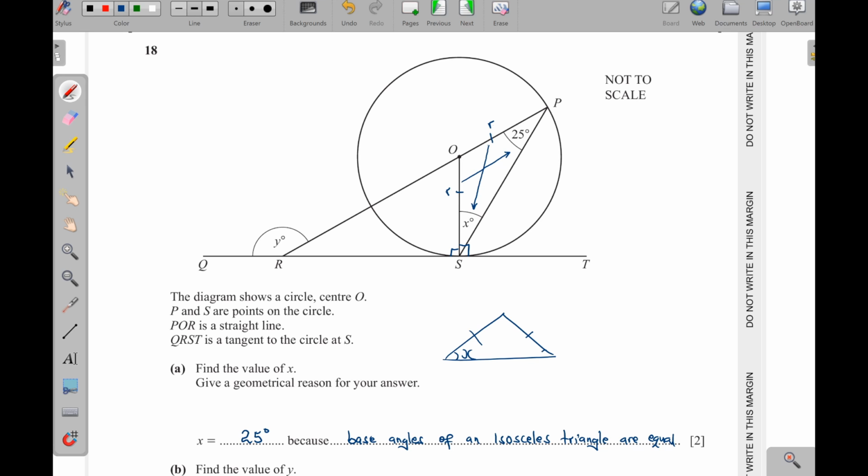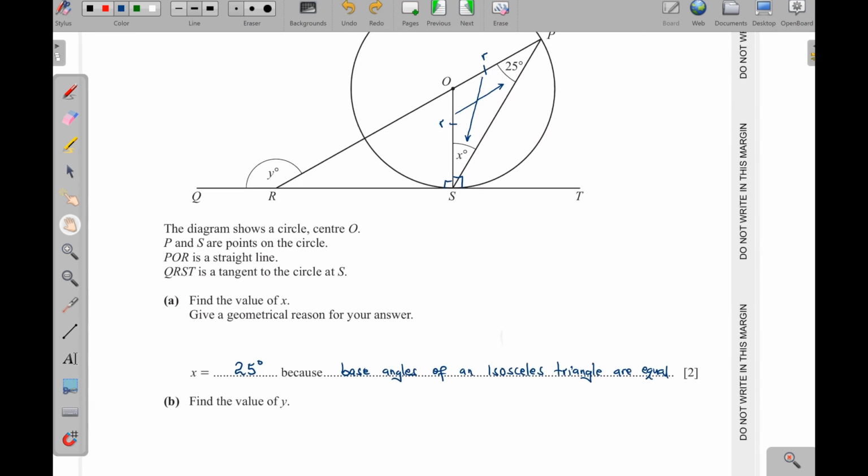Then these are the base angles we are talking about. So we have this triangle here. This one here will be a base angle as to that. You see that? So that is that. Even if you just write OPS is an isosceles triangle as the reason here, they will give it to you.